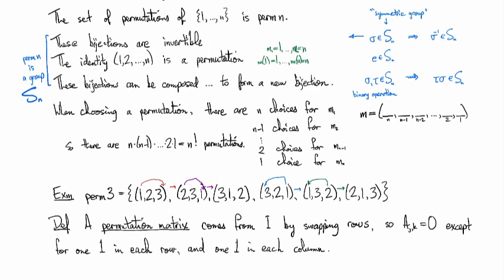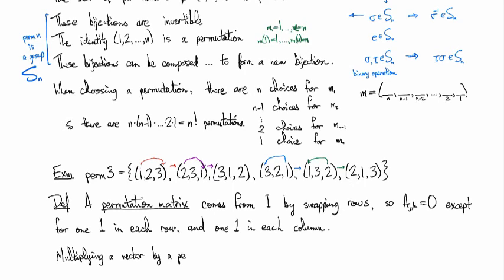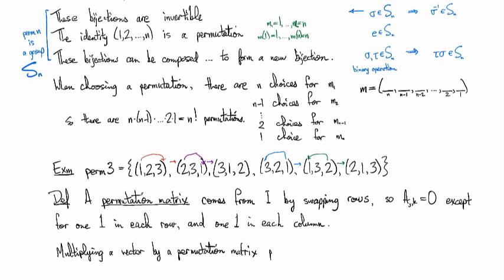So some kind of Sudoku type thing. So the idea is that multiplying a vector by a permutation matrix permutes the entries of the vector.